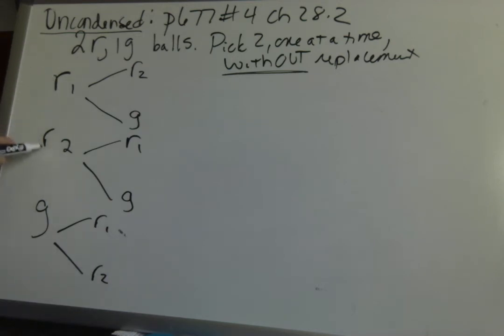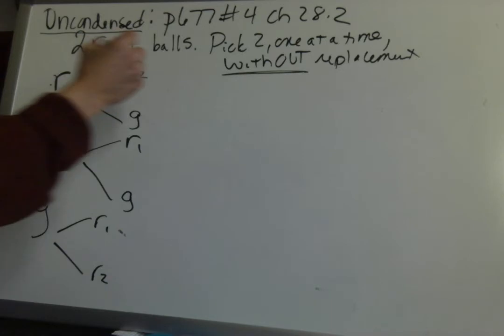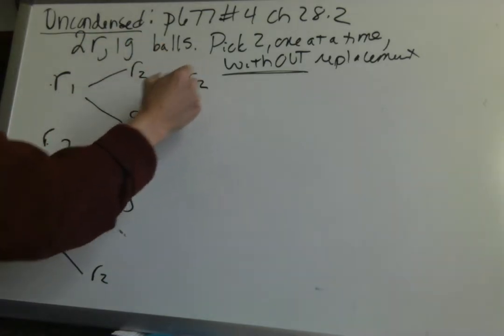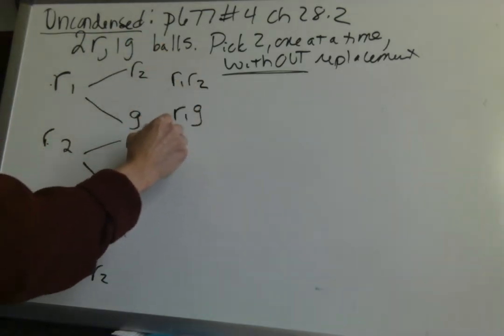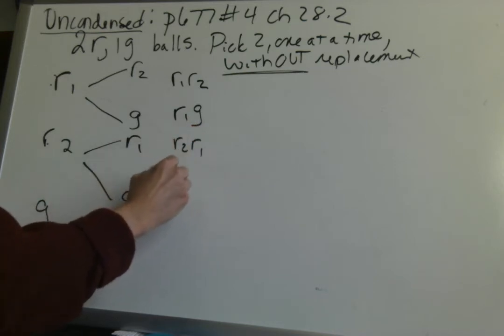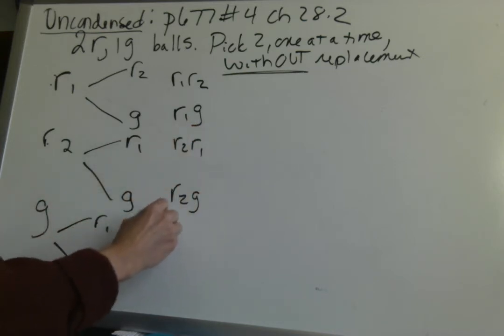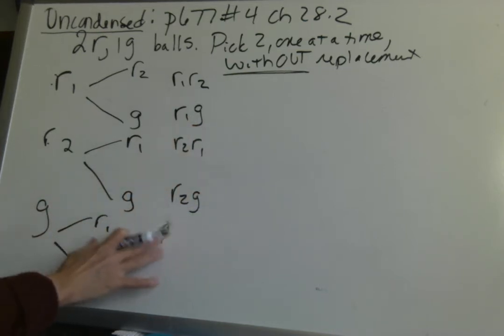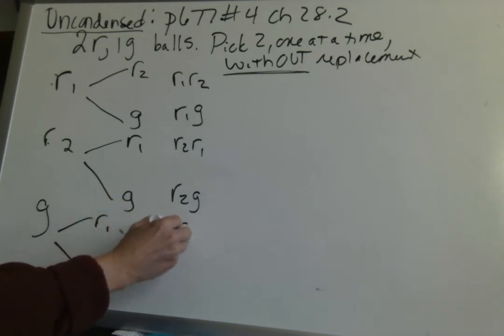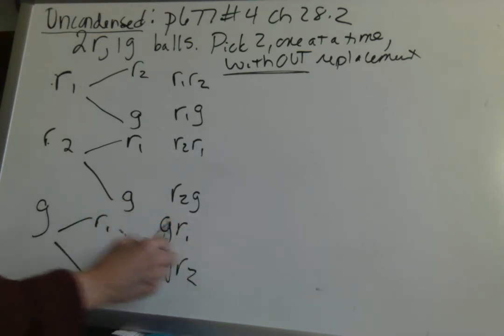Because I showed each of the three balls, I don't have to label my branches because each one of these was 1/3 each. Now let me just write out my sample space. Right?